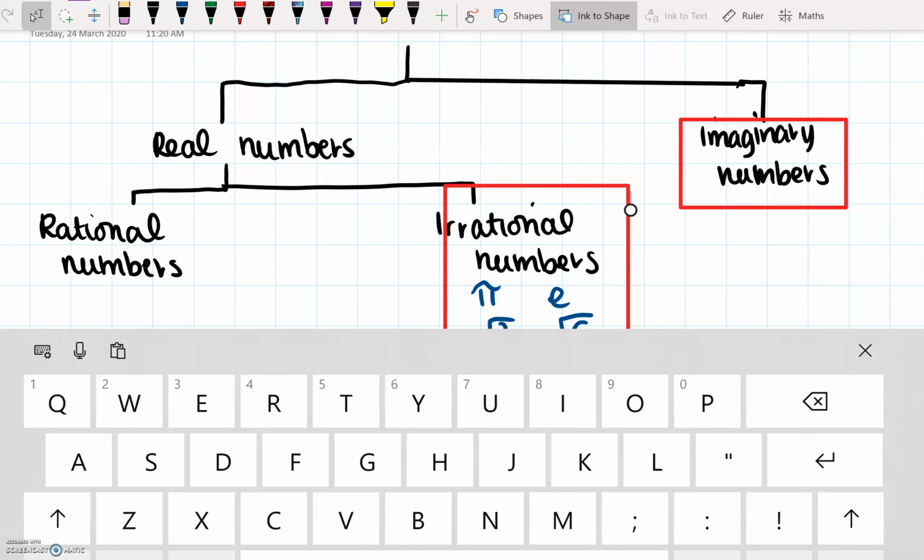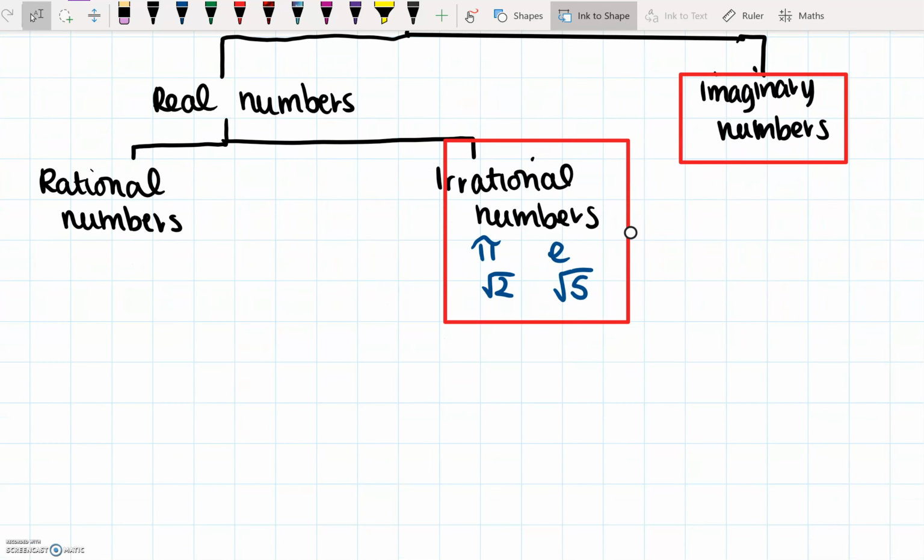The next thing we have is within our rational numbers. We can have a few different types of rational numbers. The first one is our integers. Within rational numbers we have what we call integers.